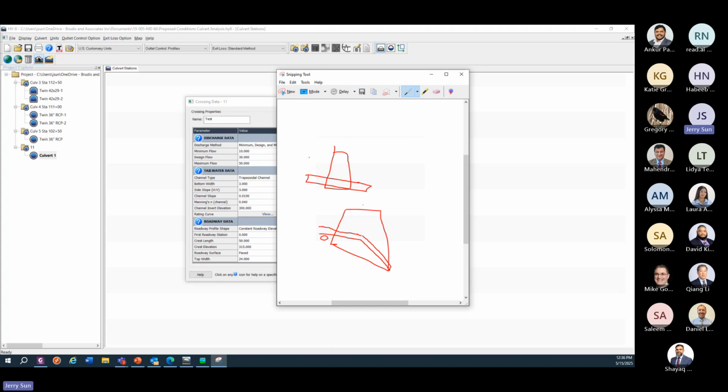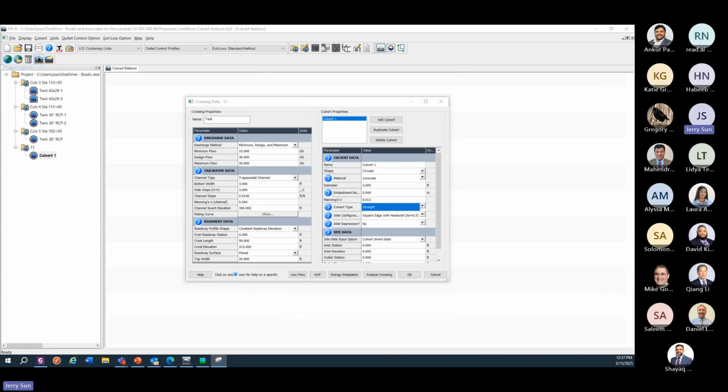But if it is very deep, we just have a vertical bend in the pipe like this. So this way, HY-8 now has the functions.